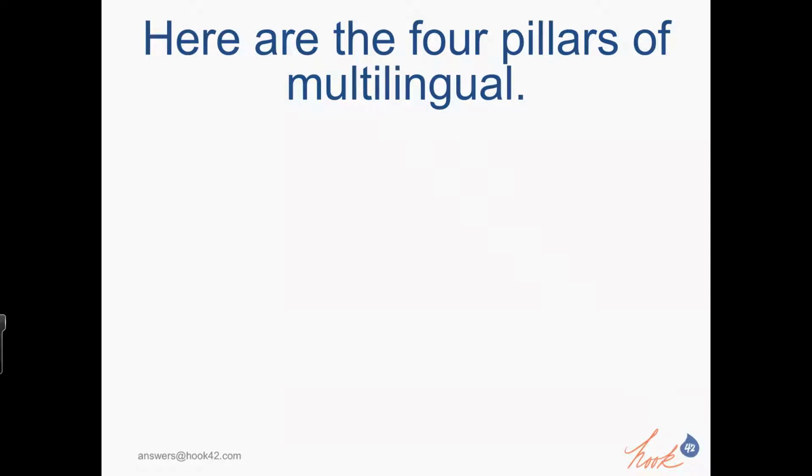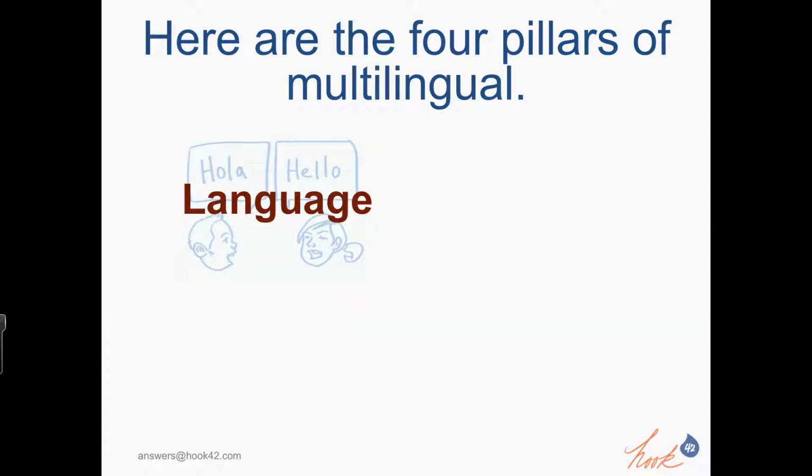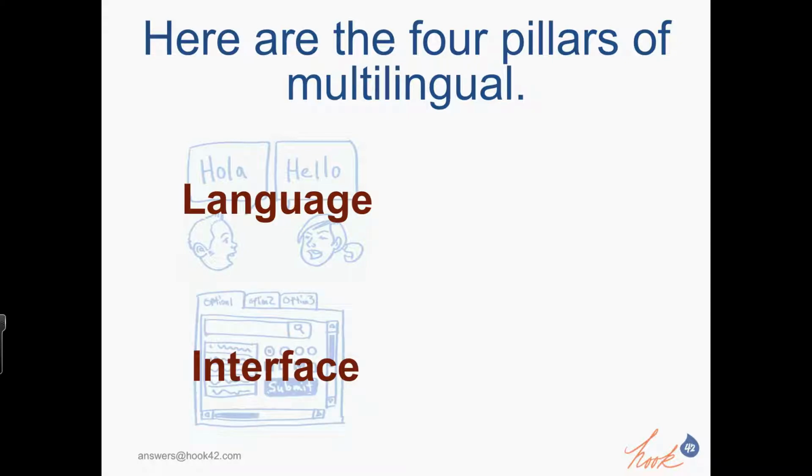But even for a comparison of both the different versions, let's talk about the 4 pillars of multilingual. First of all, it's built on language first. Then it's the interface, right? It's all of the sign-in and the sign-out, or the login and the log-out, and the labels.